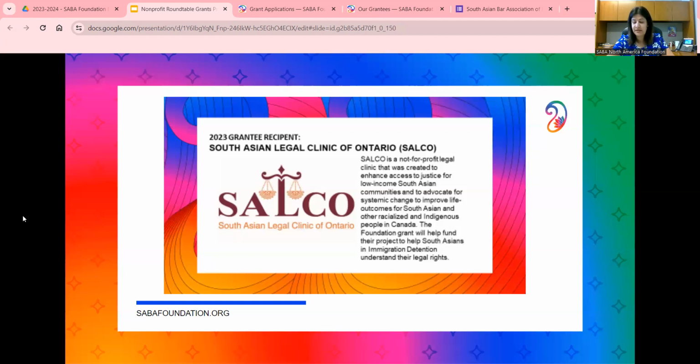The foundation awarded them this grant to support their project as they provided in their application: to translate a self-help guide into languages spoken by the detainees, such as Punjabi and Urdu, that provides clients with information on their options and arguments to appeal decisions by Immigration, Refugees and Citizenship Canada and the Canada Border Services to revoke their immigration status, permanent or temporary, and remove them from Canada.